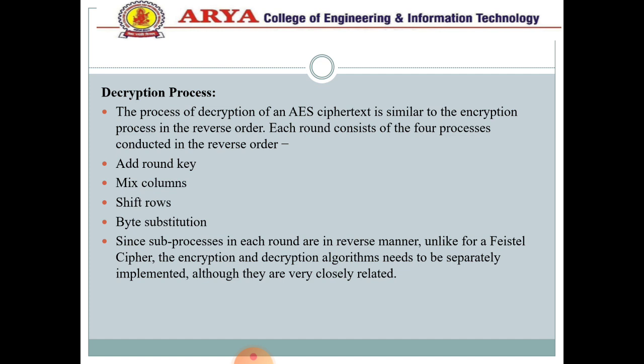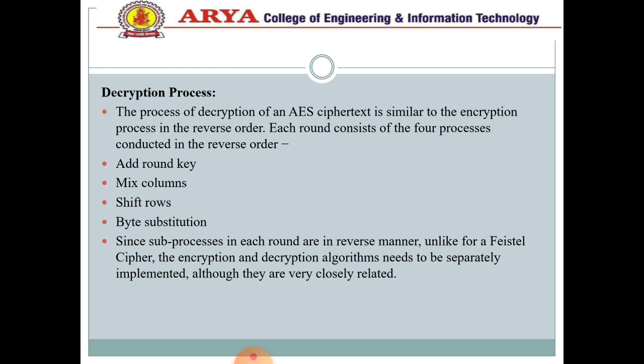The decryption process of AES. The process of decryption of an AES ciphertext is similar to the encryption process in the reverse order. Each round consists of the 4 processes conducted in the reverse order. First we perform the add round key, then the mix column, after that the shift rows, and then byte substitution.